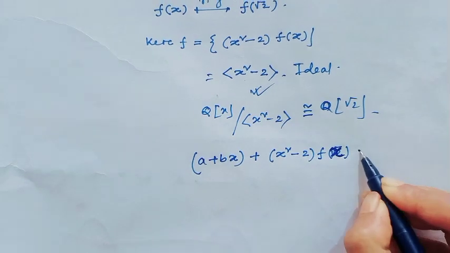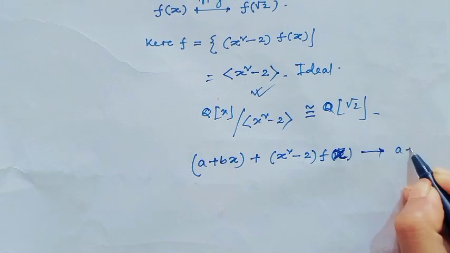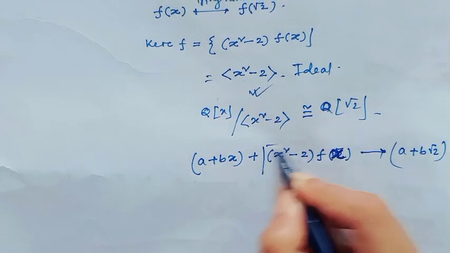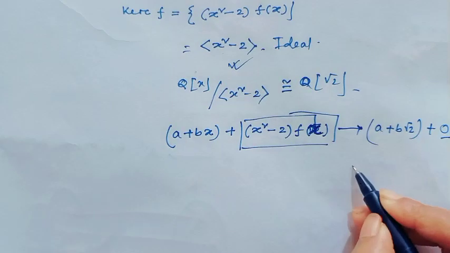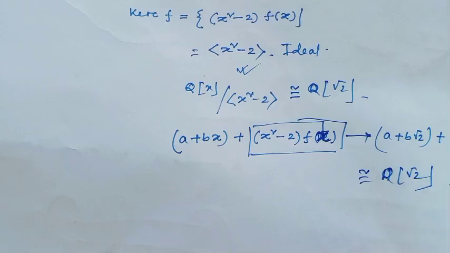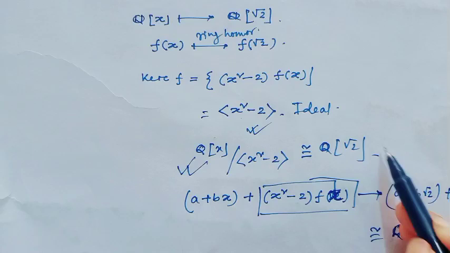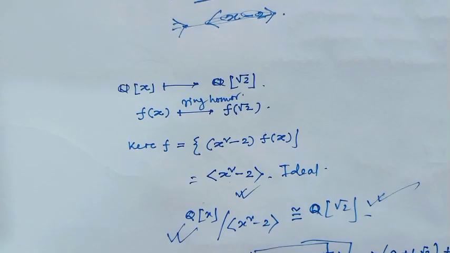After putting the value square root of 2, this would be a plus b square root of 2 plus this, which is a member of the kernel of f, so this would obviously be 0, and this is isomorphic to Q[square root of 2]. So this coset is isomorphic to Q[square root of 2]. I hope all my viewers have understood this clearly.